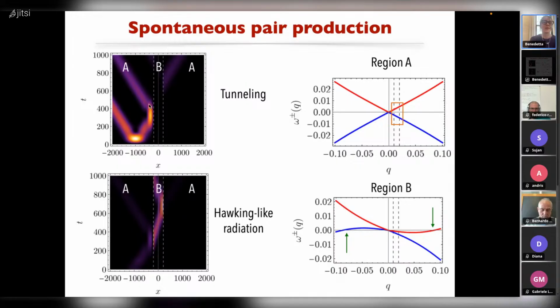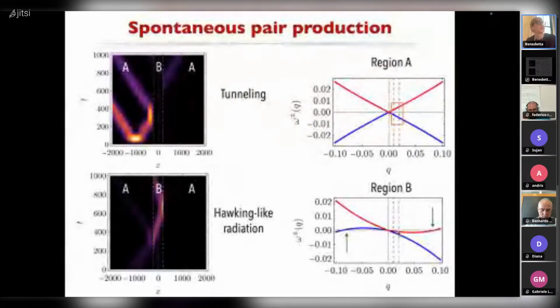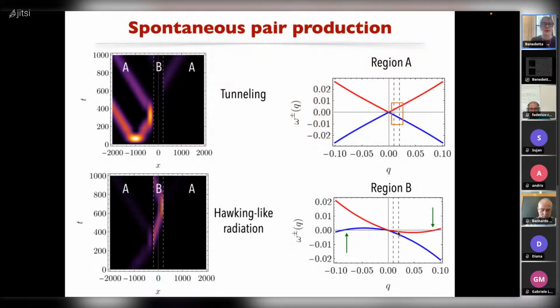So the eigenmodes of A are not the eigenmodes of B. Now these particles want to tunnel into B, but you see they cannot really do it by keeping their momentum fixed, because the velocity is flat, so they are really like hitting a horizon, and they get pushed back. So most of it will get reflected. However, there is a small part of this wave packet that manages to tunnel through the higher momenta states.